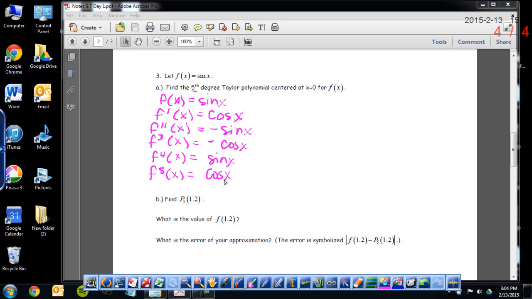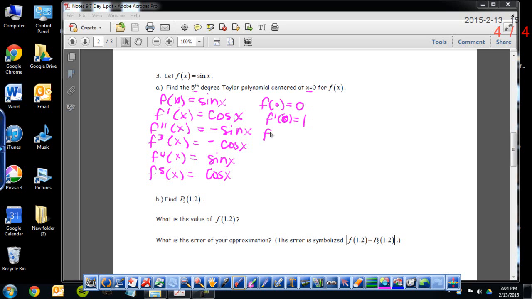And then I need to evaluate all of those derivatives where the Taylor series is going to be centered, so in this case, at x equals 0. So I need to find f of 0. The sine of 0 is 0. I need to find f prime of 0. Cosine of 0 is 1.